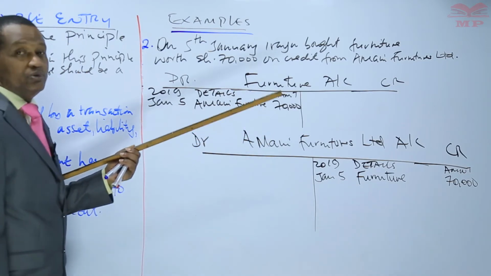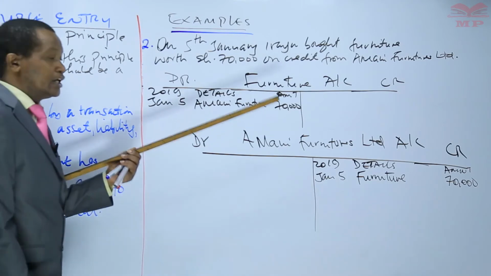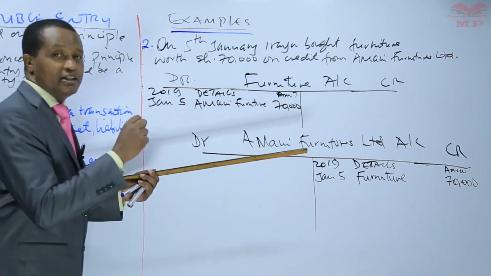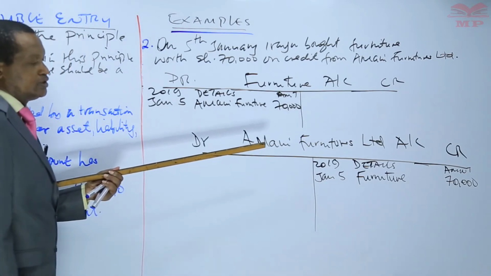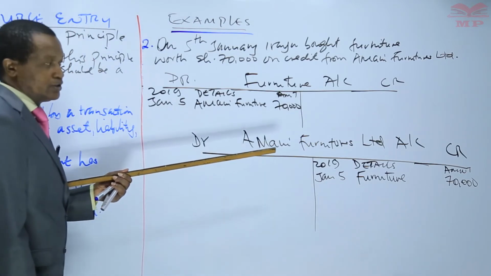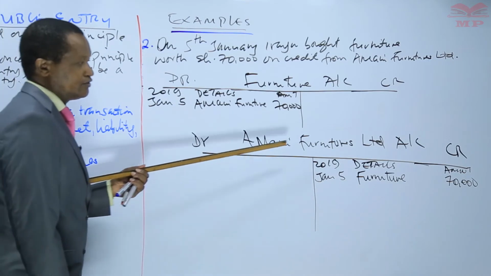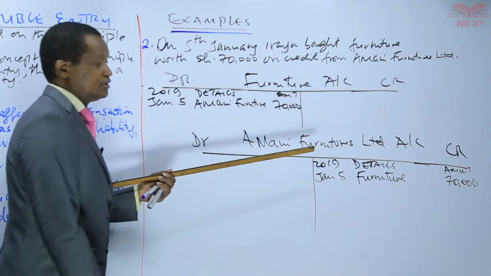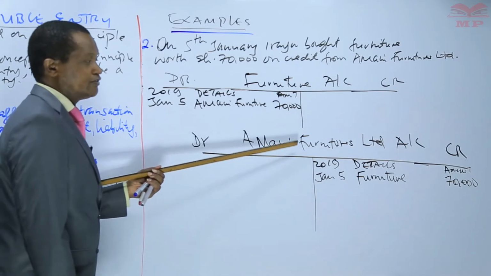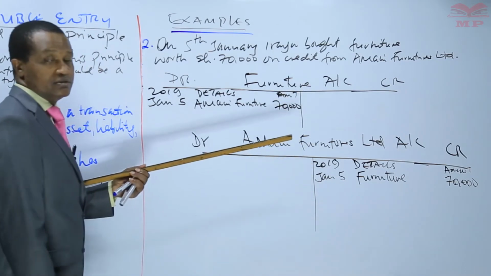And remember we said bookkeeping helps us have a systematic and proper record of the transactions. In this second one, I'm giving an example. This is Amani Furnitures Limited. Any dealings with Amani Furnitures Limited will be recorded in the Amani Furnitures account.